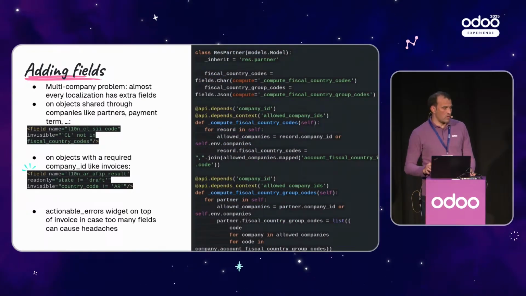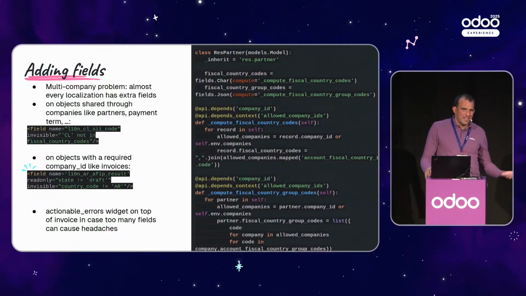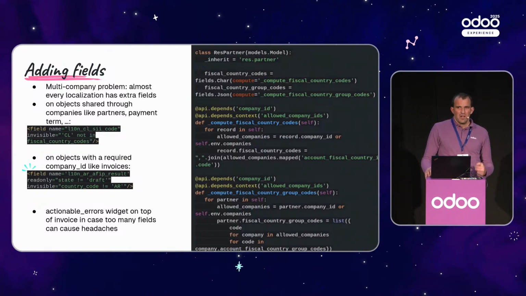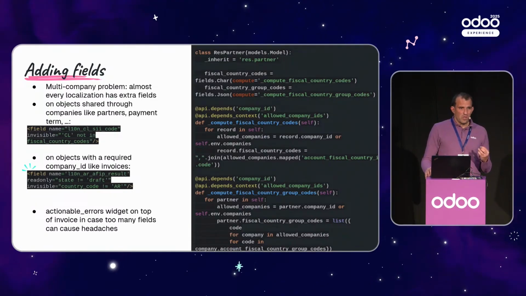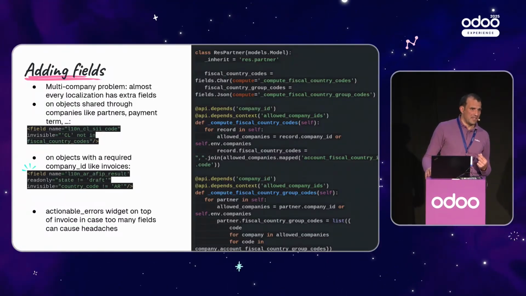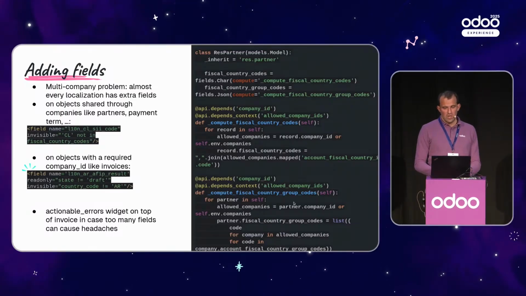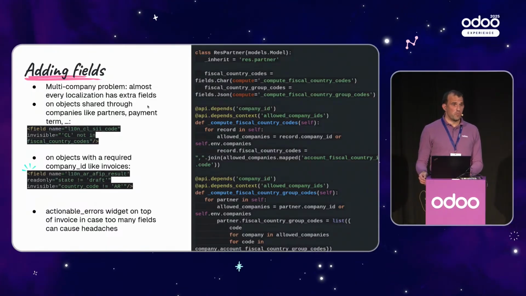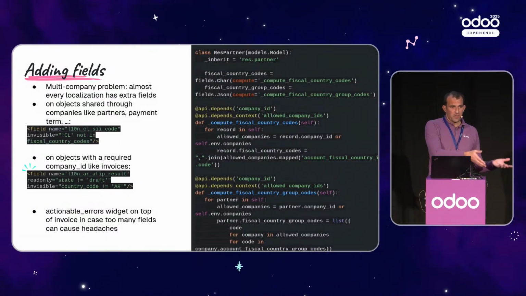Generally, when we work on electronic invoices, it's not just sending. In most cases, there are a lot of fields that need to be added, often even on product and partner. What we do in a multi-company environment is try to hide those fields in a company where they are not appropriate. For invoices that have a required company ID, that's easy because you know it's for this company.